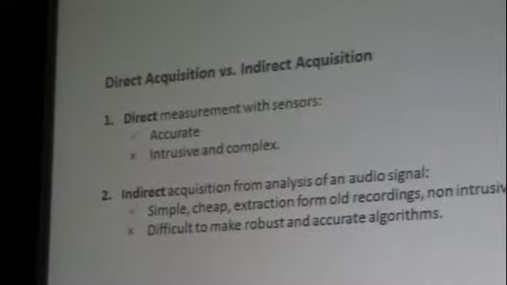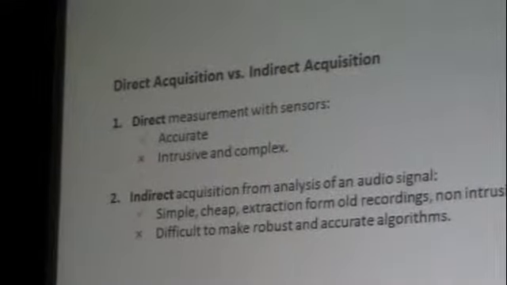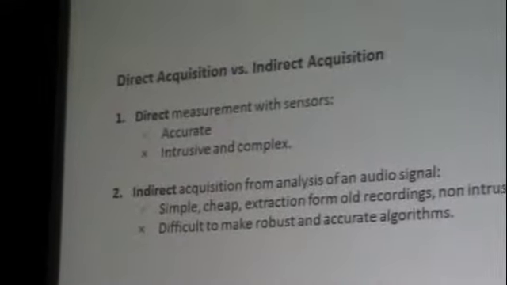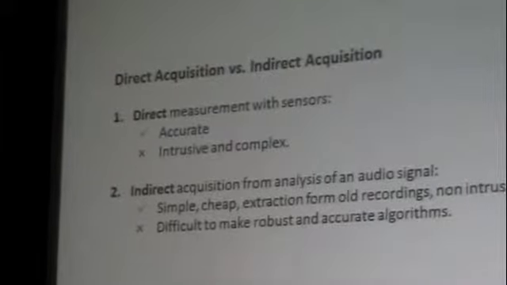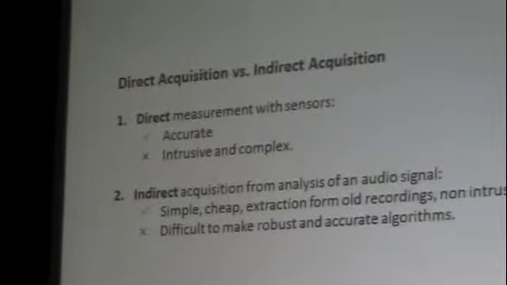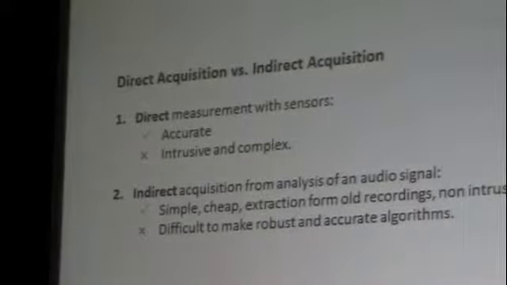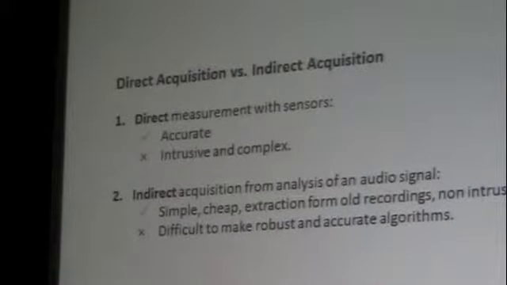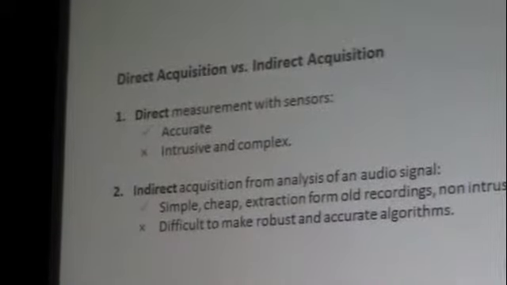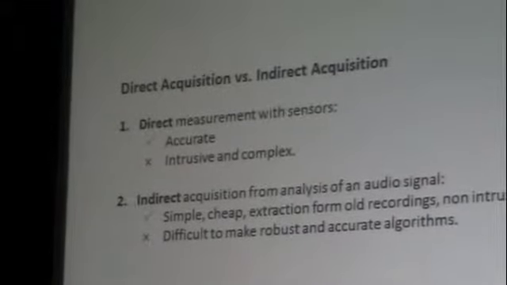These are strategies that are very accurate. It depends which kind of sensors we're using, but in general they should be more accurate. But there are some problems: they may be intrusive and they're quite complex.